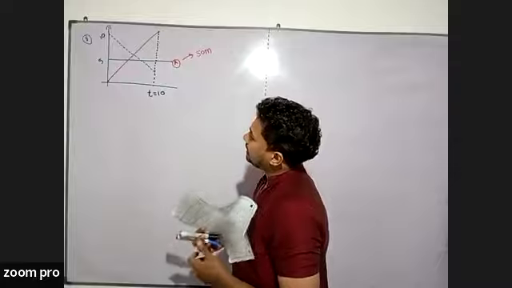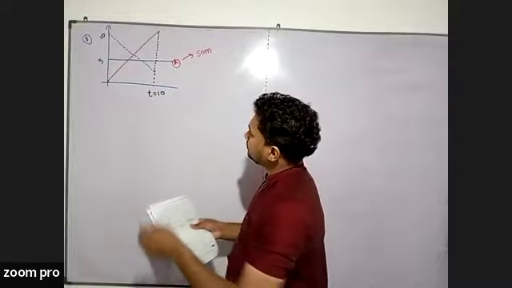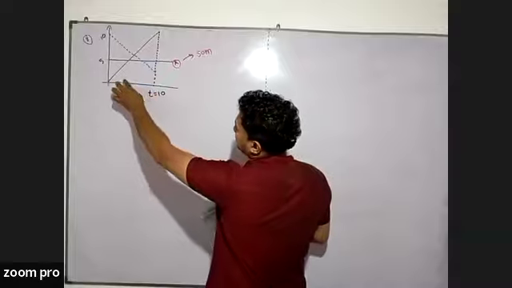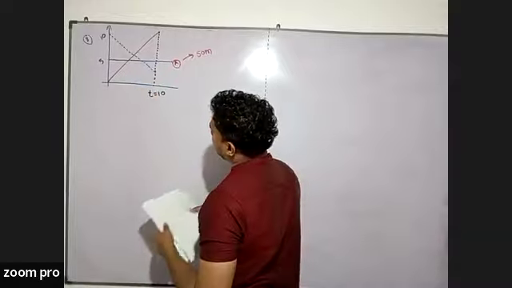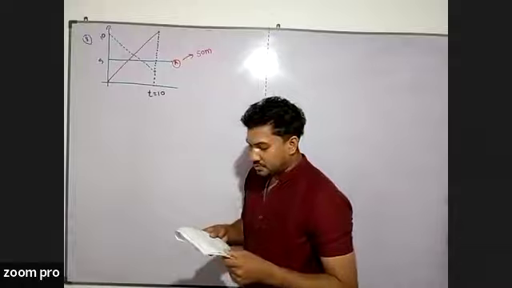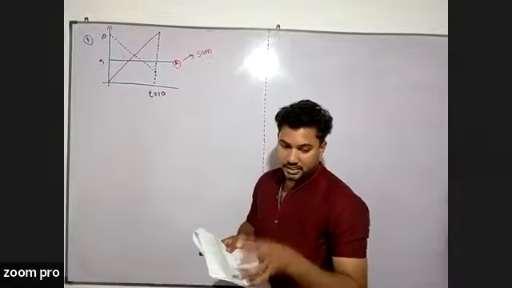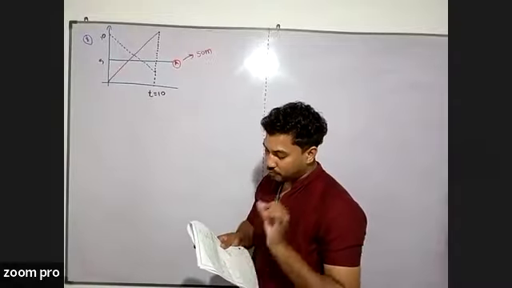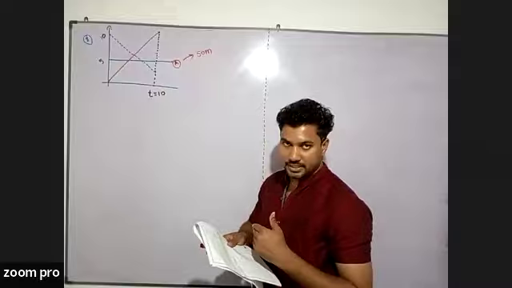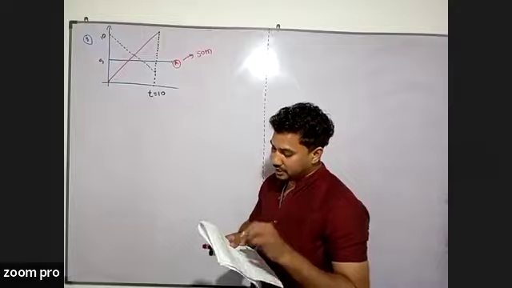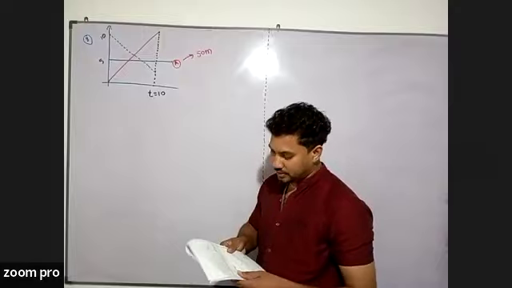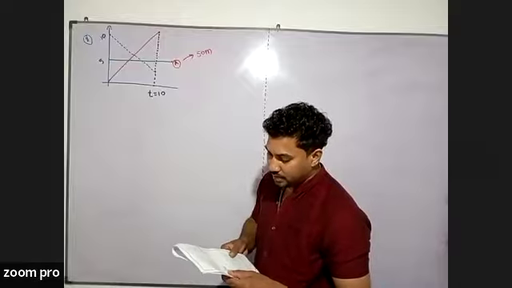It would be better if they gave certain velocity values after 10 seconds, especially for B and C. A is already given, so it's a constant one.